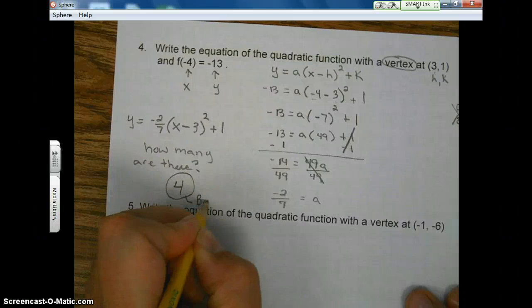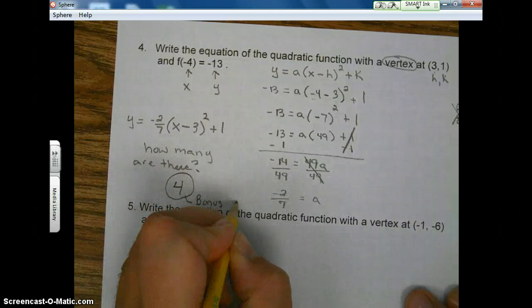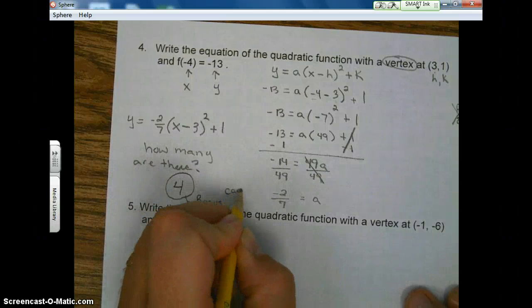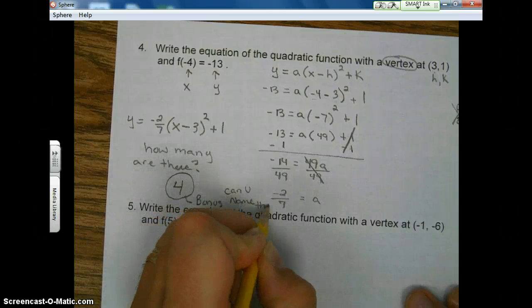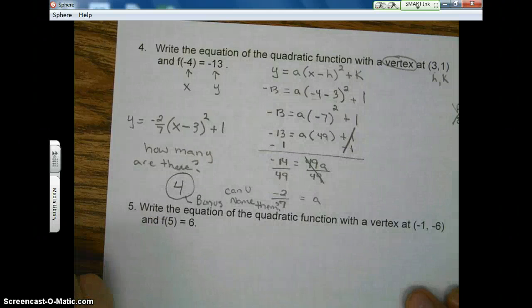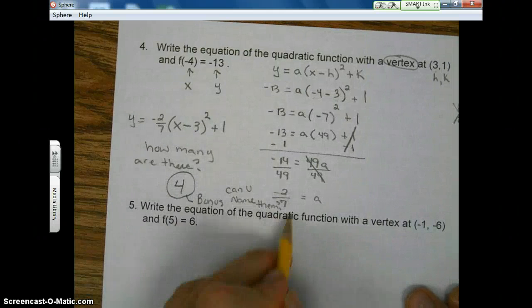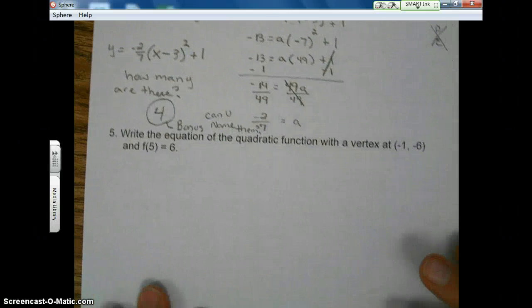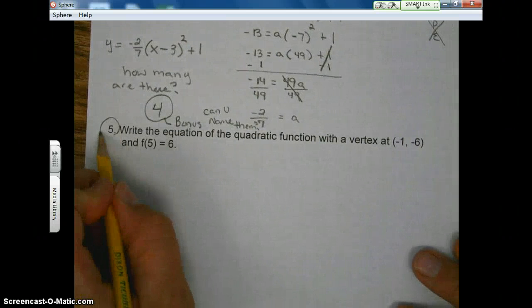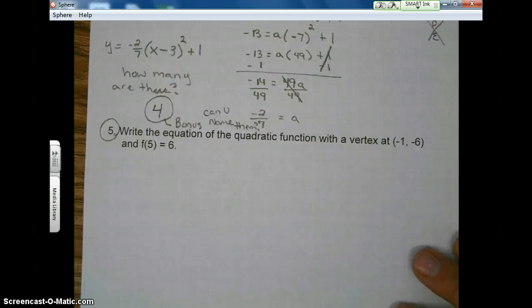Bonus: can you name them? If you can name them all correctly, you get some bonus points. All right, I'm going to leave number 5 for you to practice.